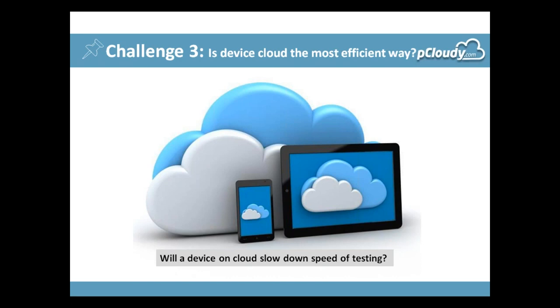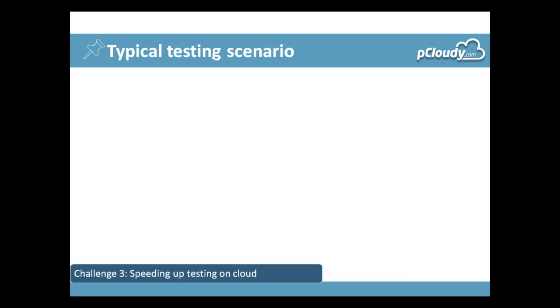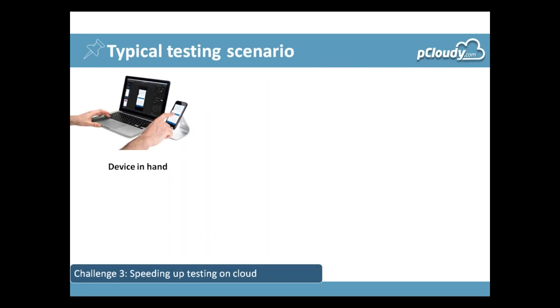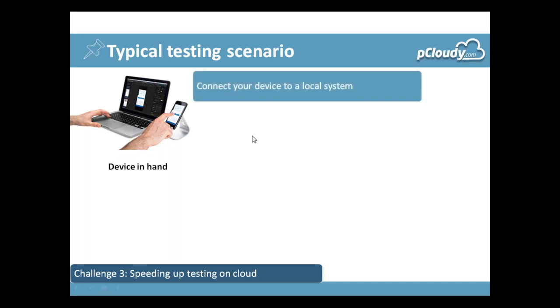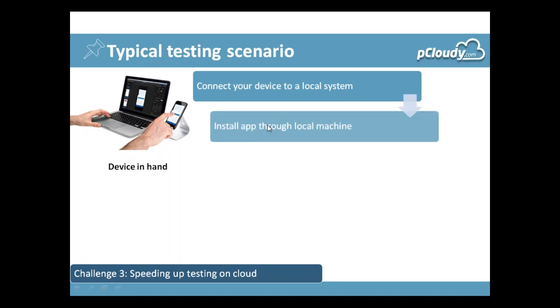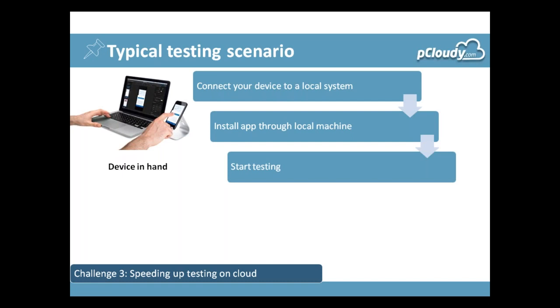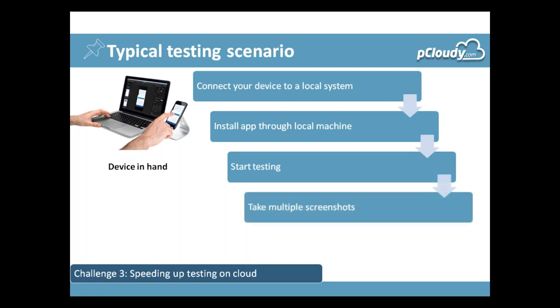what the benefits are and how it's faster than any other method, let's take a typical testing scenario, which you do all the time during your mobile app testing when you are using the physical device in hand. So you connect the device to a local system, you install the application through the local machine, you then start testing, go through the various scenarios, screens, forms, etc. And then during that process, whenever you find some issues, you would like to take screenshots.